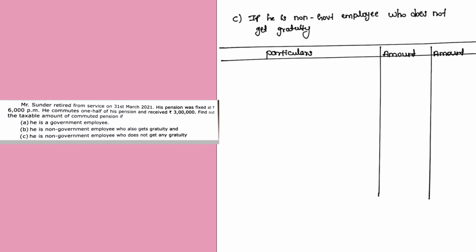So third case, C. If he is a non-government employee who does not get gratuity. If Sundar does not receive any gratuity, we have to follow this format. Commuted pension received.